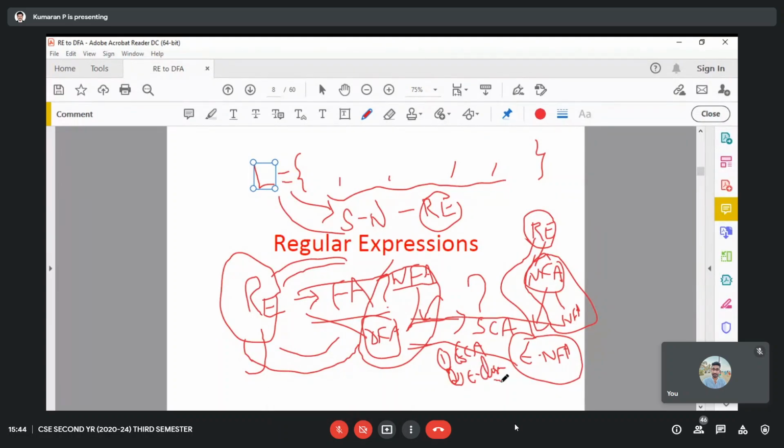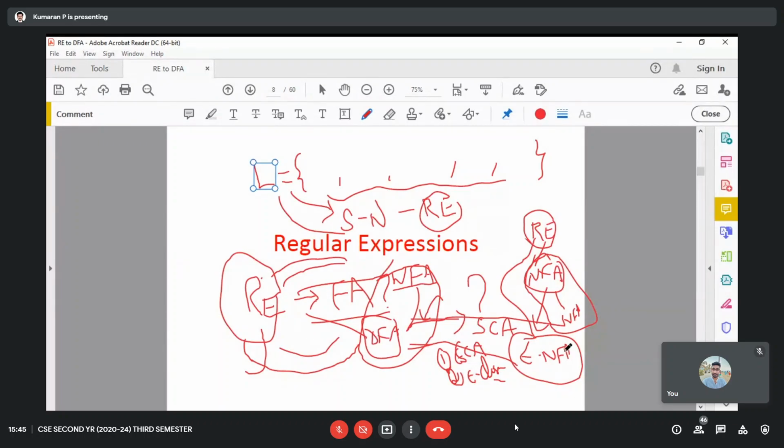Upon performing this procedure, we construct the subsets and convert to the DFA. So what we are going to discuss in the rest of this portion is what a regular expression is, how it looks, how we can convert the regular expression to epsilon NFA, and also how to convert the regular expression into NFA. Okay, so this is the discussion.